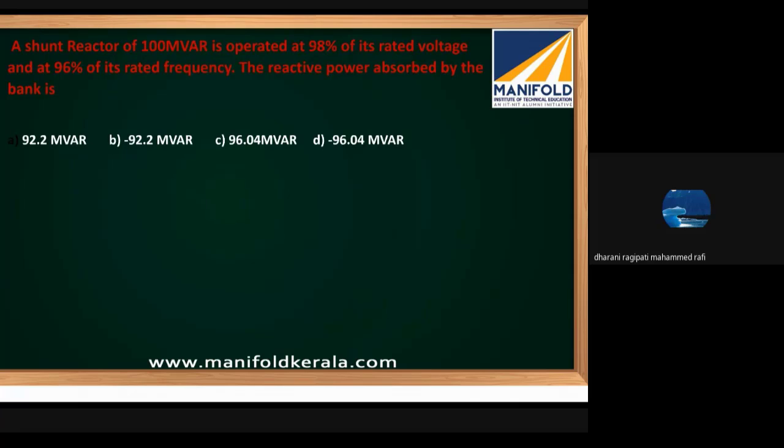So let us try to solve this question based on that concept. Just read and understand the question. A shunt reactor of 100 MVA is operated at 98% of its rated voltage and 96% of its rated frequency. The reactive power absorbed by the bank is?